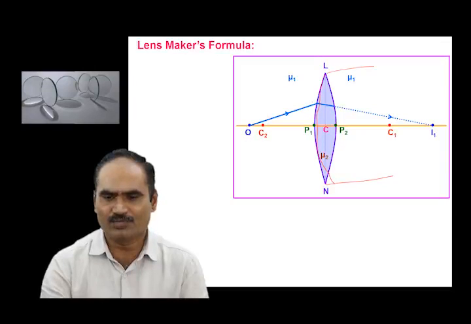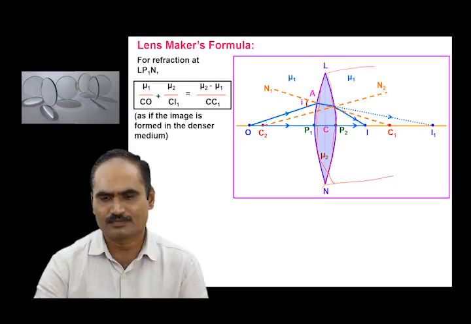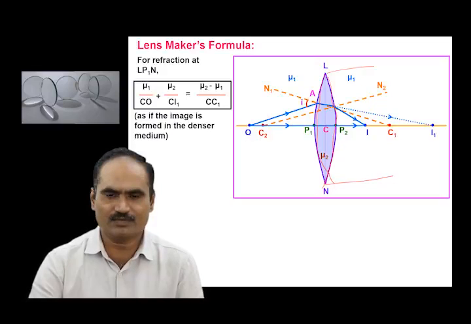Then due to the presence of this surface, it forms an image here at this position. It forms the image at I1 here. Now let us take them one by one and see how these images form.